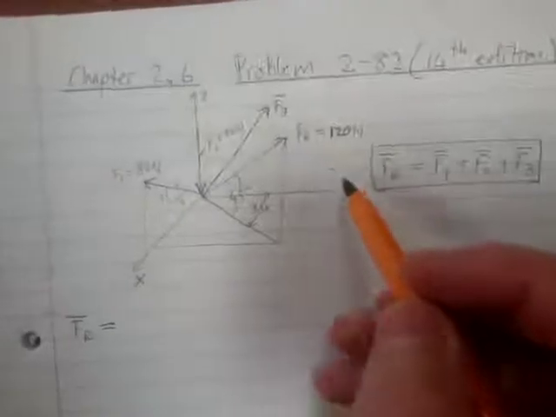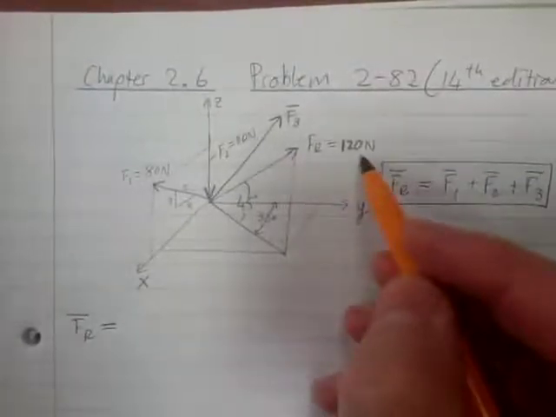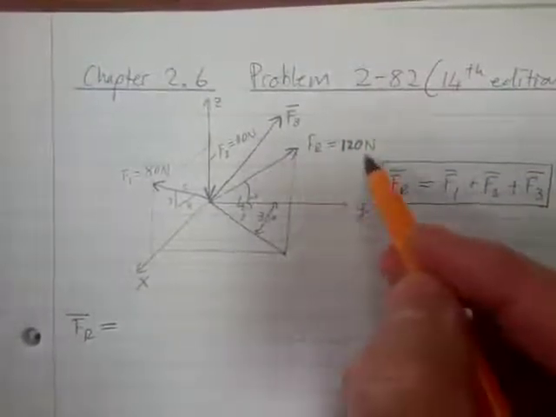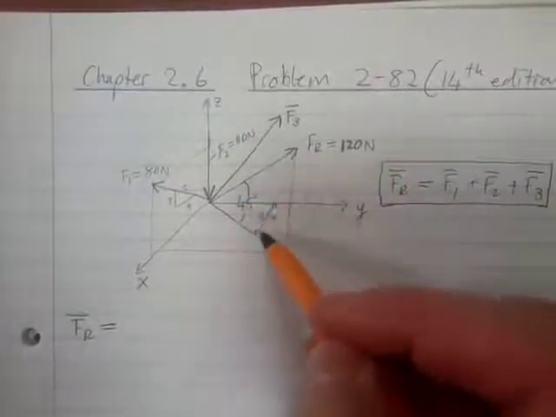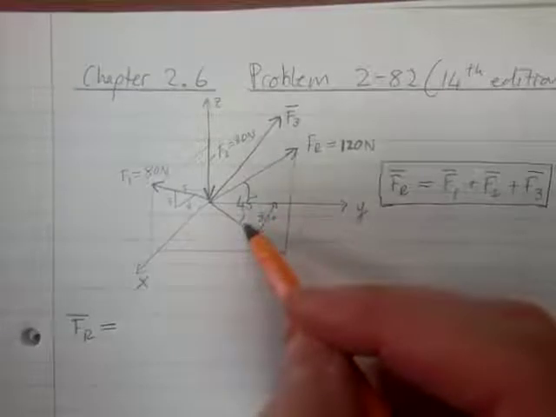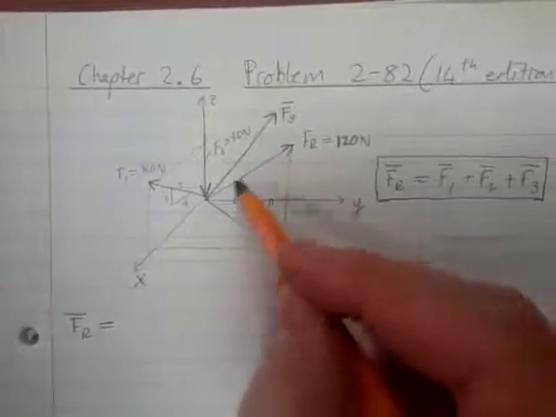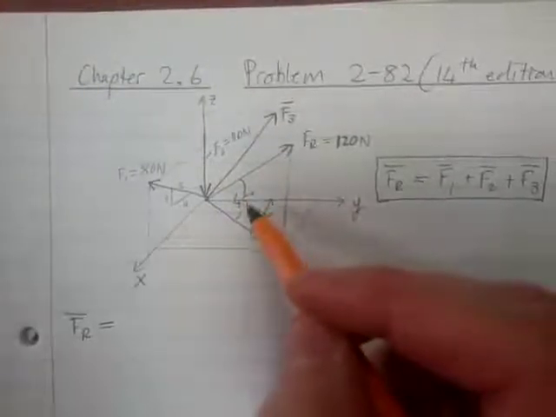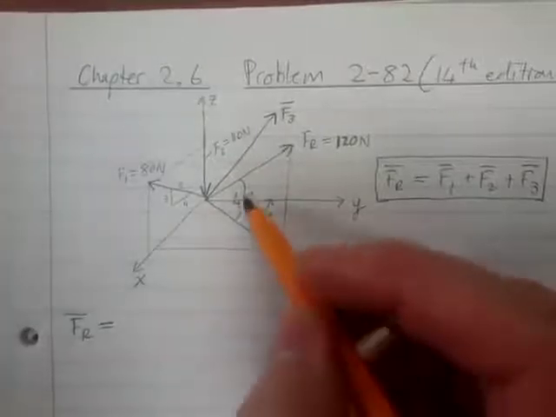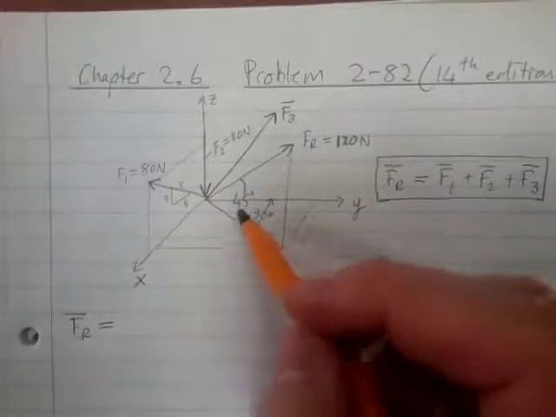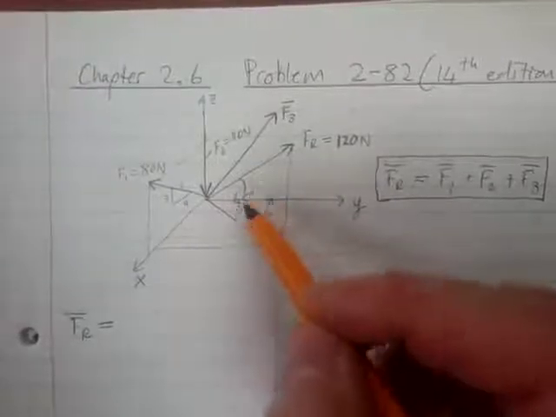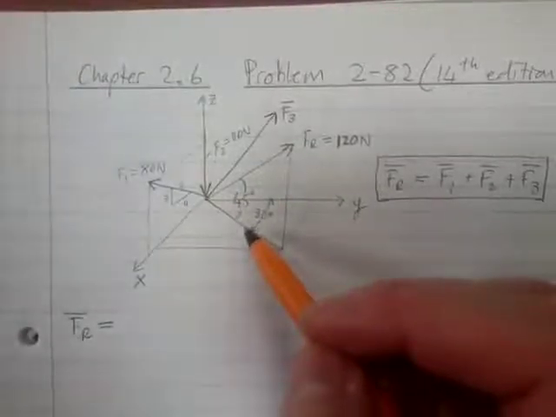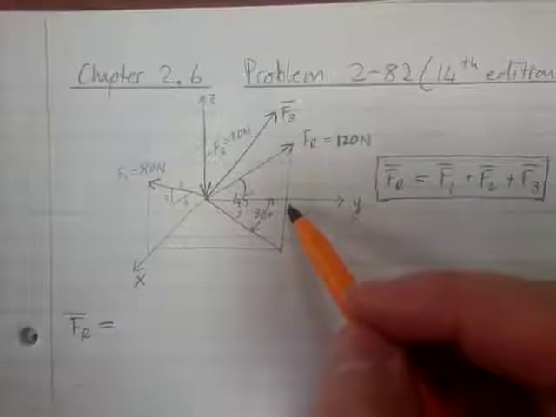First of all, Fr is given to us. We're given a magnitude of 120. But then we are given these angles, and based on what we've been learning, what are these angles known as? They really are the azimuth and the transverse angles. These angles they have given us are not the coordinate direction angles.